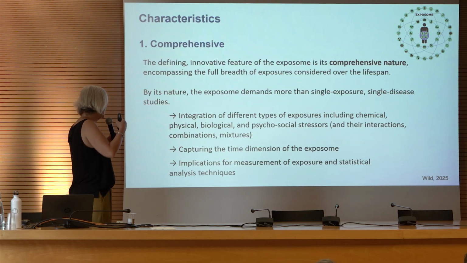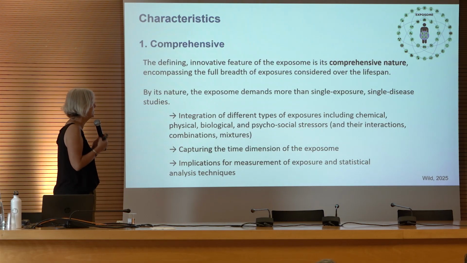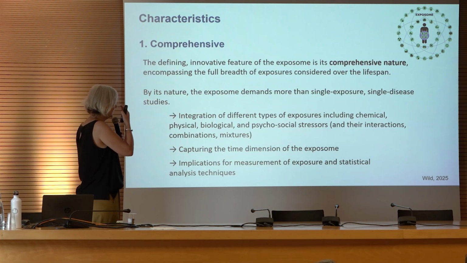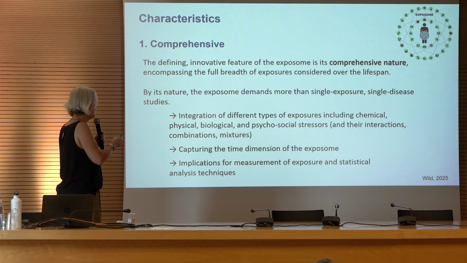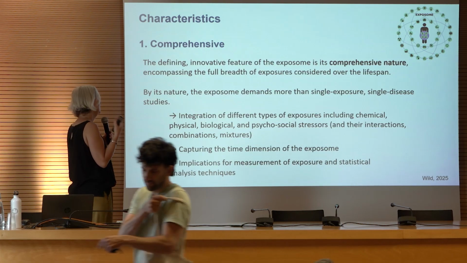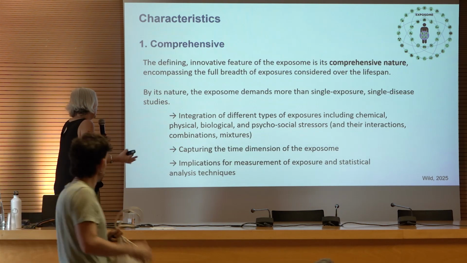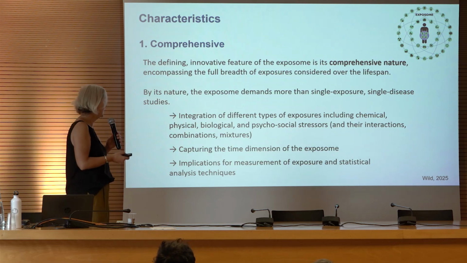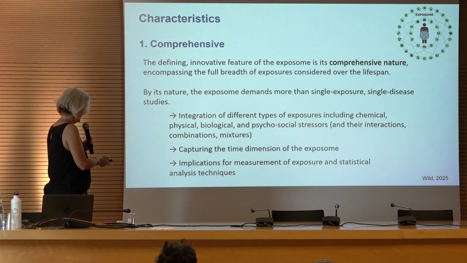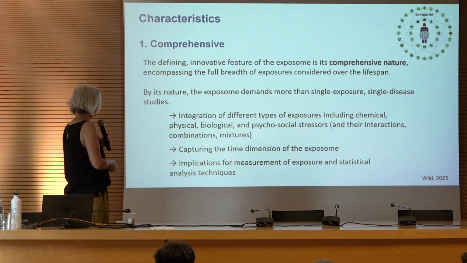It demands the integration of different types of exposures, including chemical, physical, biological, psychosocial stressors, or at least some of these different types of exposures, but also, if you can, their interactions, combinations, mixtures. Those are all the types of questions that could be of interest when we look at exposomics.